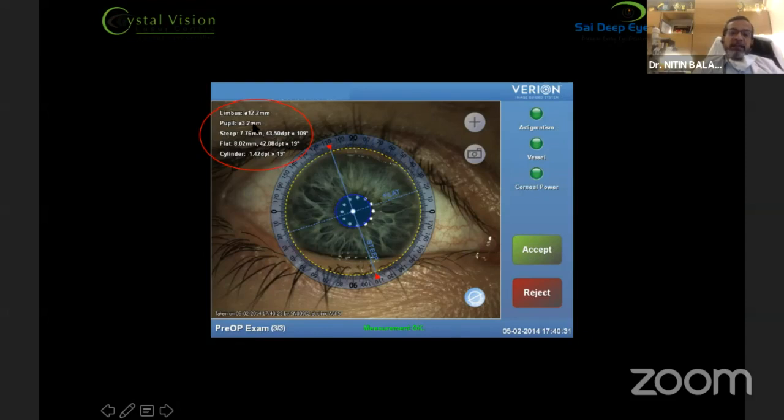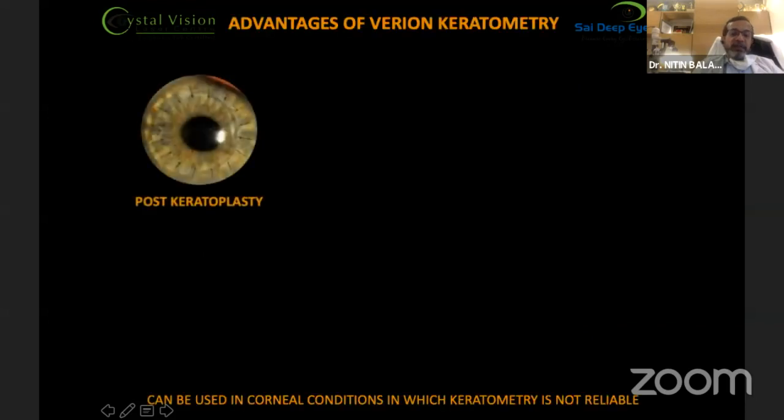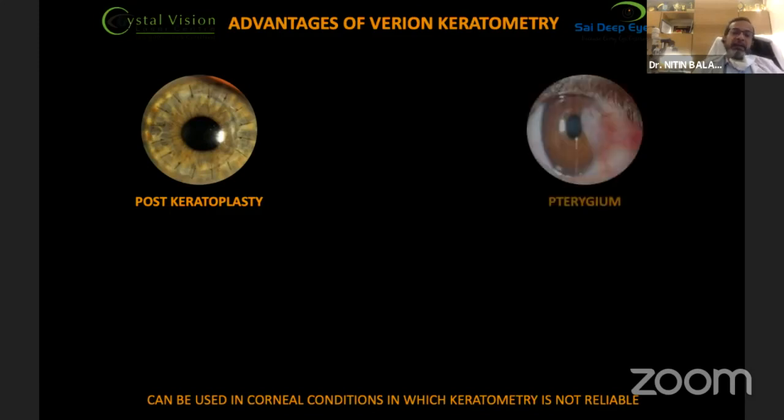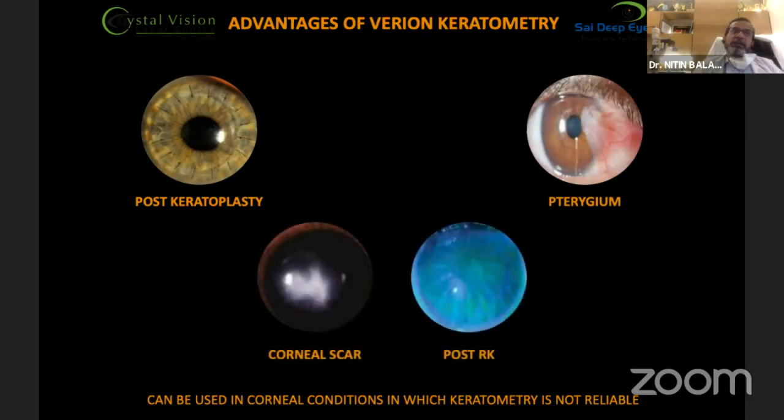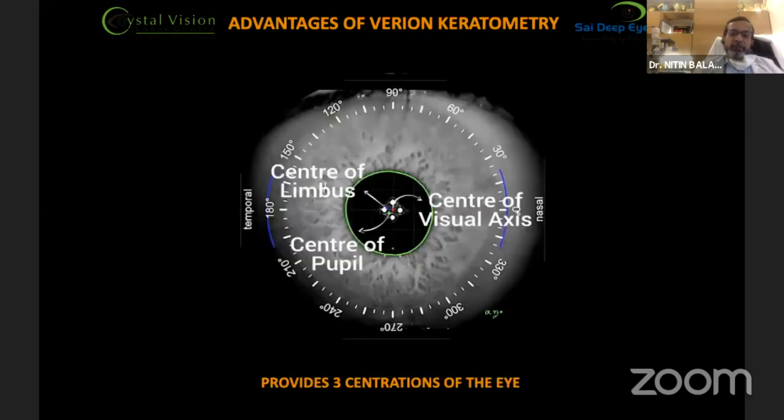Once all these are acceptable, you could press the accept switch, after which this data is transferred to the planning station. The greatest advantage of the measuring unit of the Verion is that it can measure the corneal curvature and the axis in conditions where other keratometers fail, like in post-keratoplasty, pterygiums, corneal scars, post-RK cases, to name a few.